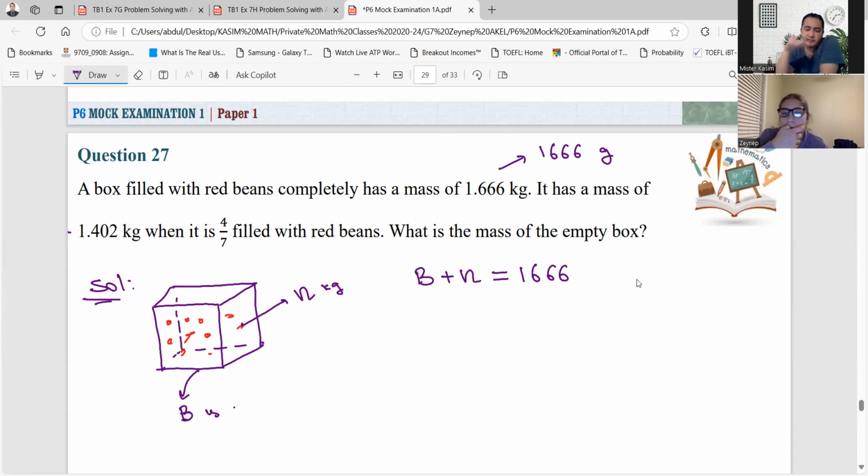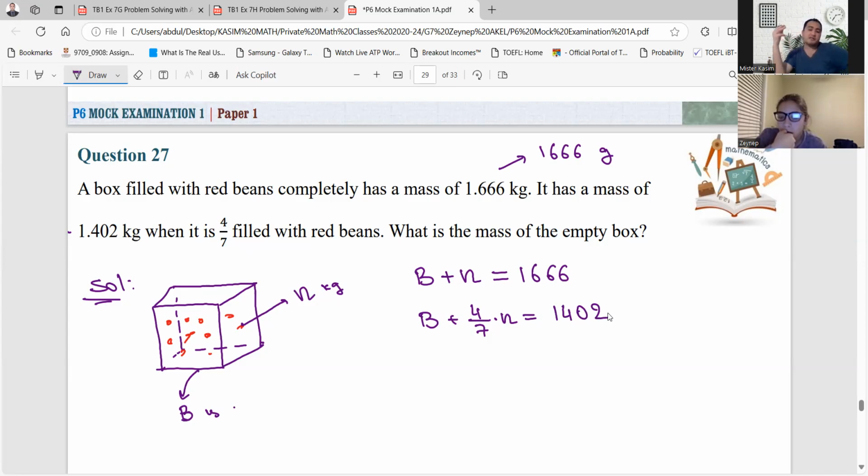And now in the second part, it is saying that it has a mass of 1,402 when it is 4/7 filled with red beans. So the size of the box does not change, but we empty some part of the beans. So when it is 4/7 of beans, its total weight will be 1,402.